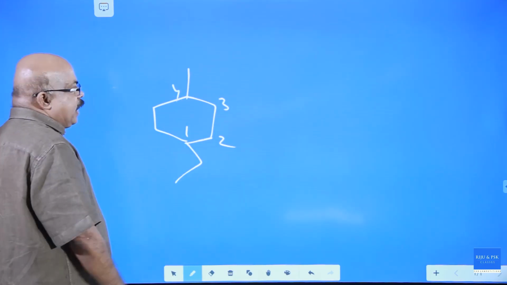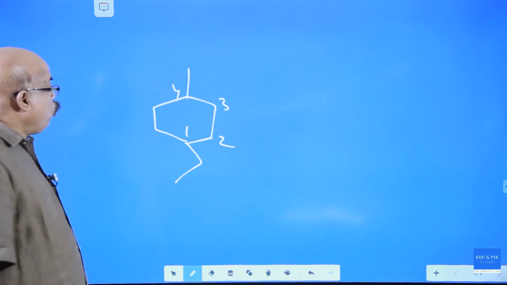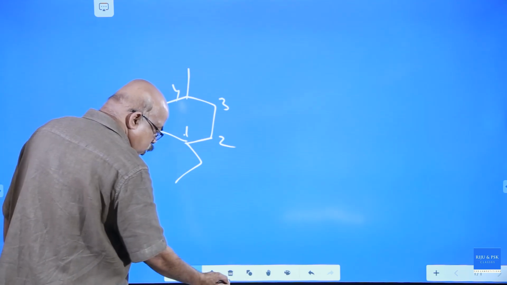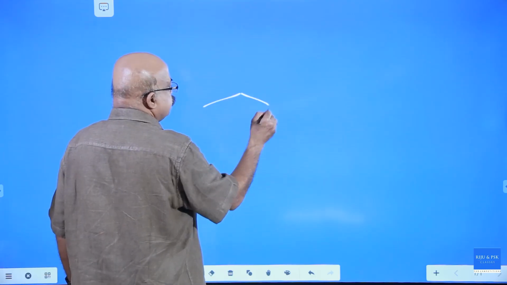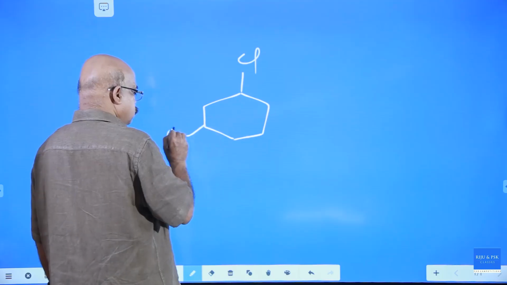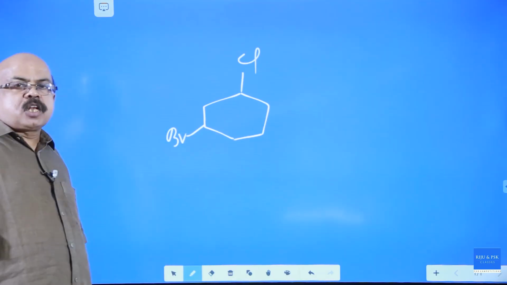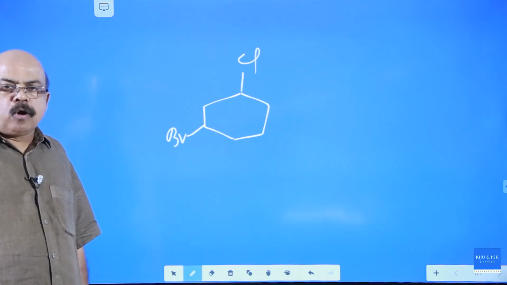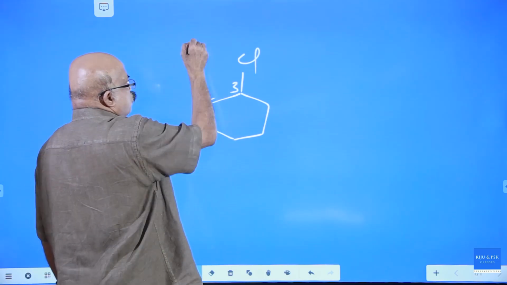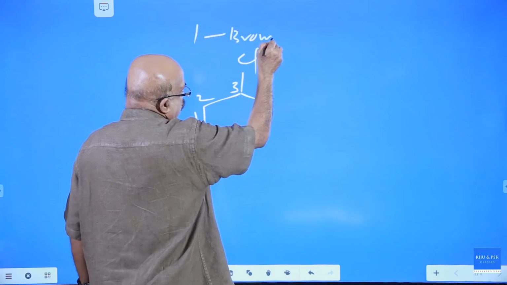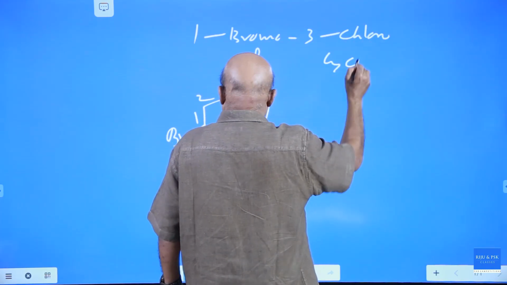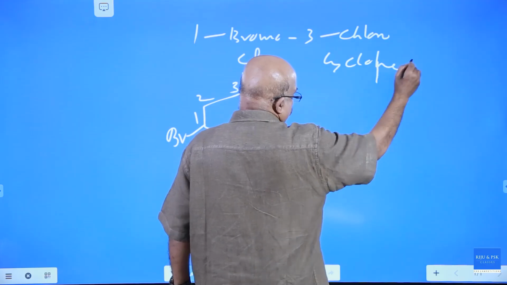It is 1-ethyl, 4-methyl cyclohexane. Next, two different substituents, chlorine and bromine. Bromine takes priority over chlorine. It is 1, 2, 3. It is 1-bromo, 3-chloro cyclohexane. All right.